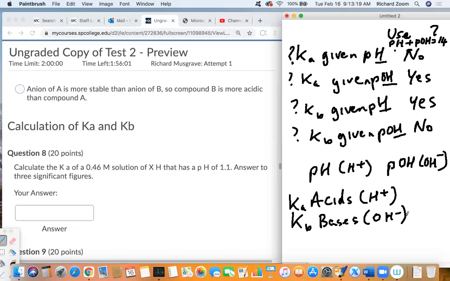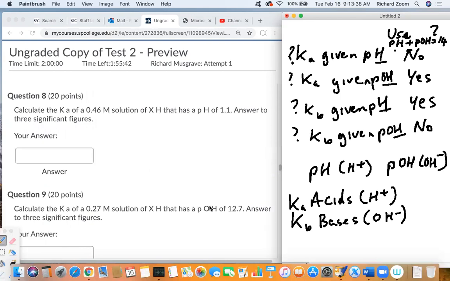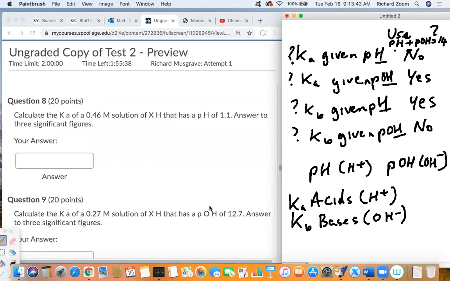Do you see what I'm saying? Then if you've got the Kb and you're given the pH, you want the OH, so you'd have to do pOH equals 14 minus the pH. So that shows you what you'd need to do there. And that's two of those questions, and you could get any of those.